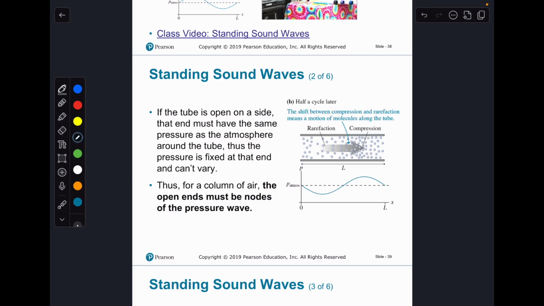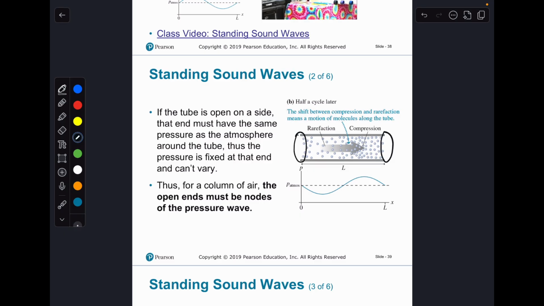Let's take a look at a tube that is open at both ends. Each end of that tube that's open is exposed to the atmosphere of the room. And so that openness is actually going to act like the clamp in the string situation. Why is the open end acting like the clamp?